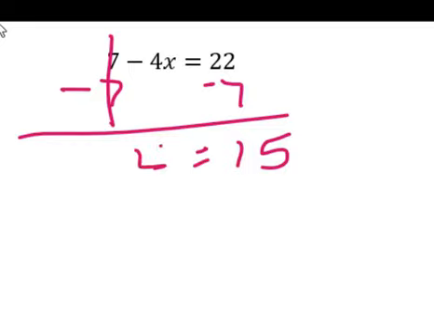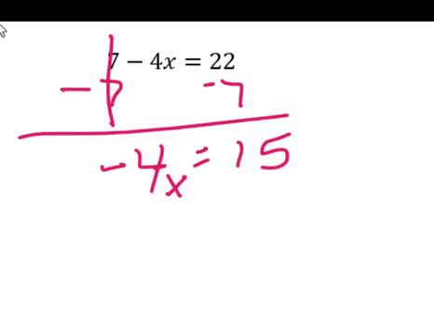It's a 4x, but I want you to pay close attention because this minus sign belongs to that 4. So I have to put it here. So now I'm dealing with essentially a negative 4. Now, let's proceed with this one carefully. I have negative 4x equals 15.